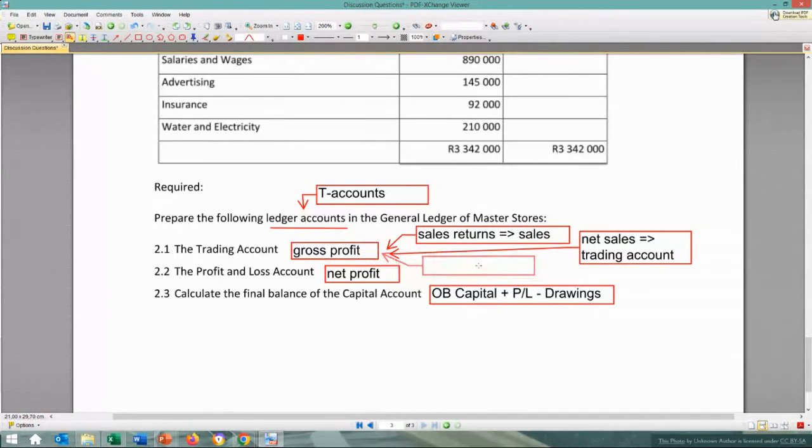And then the last thing is the cost of sales. Cost of sales will go to our trading account.